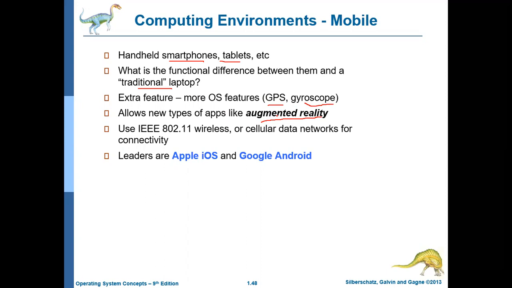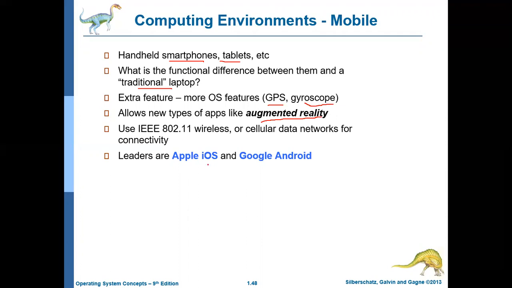For example, we are able to see Google Maps, and that is augmented reality. The reality is the road, but you are seeing a logical version of that on your mobile phone. And it uses protocols like IEEE 802.11 and other protocols for communication.